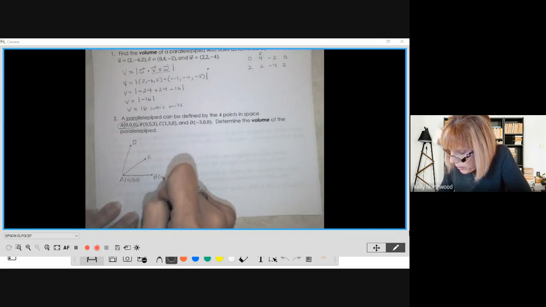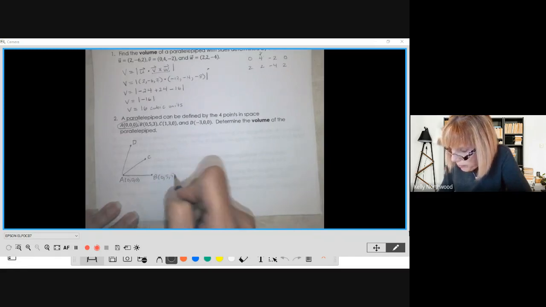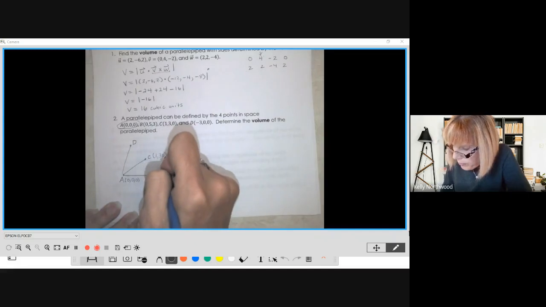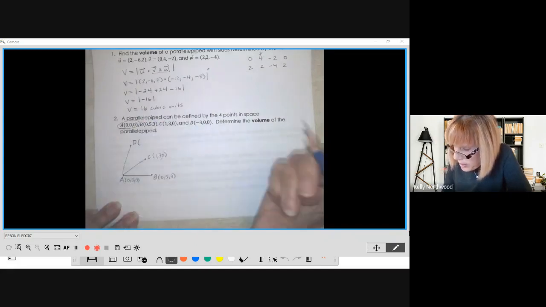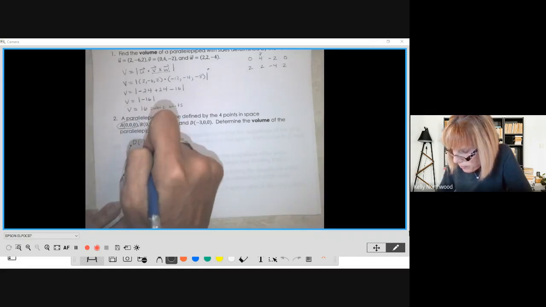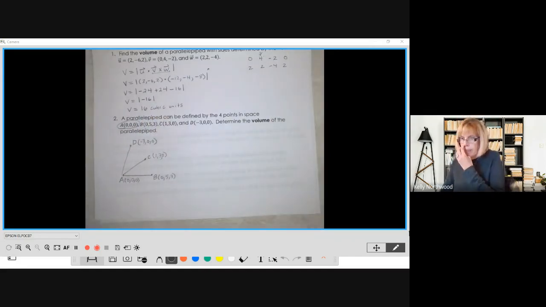And A is 0, 0, 0, which is easy. B is 0, 5, 3. C is 1, 3, 0. And D is -3, 0, 0. Anybody want to make these into vectors?